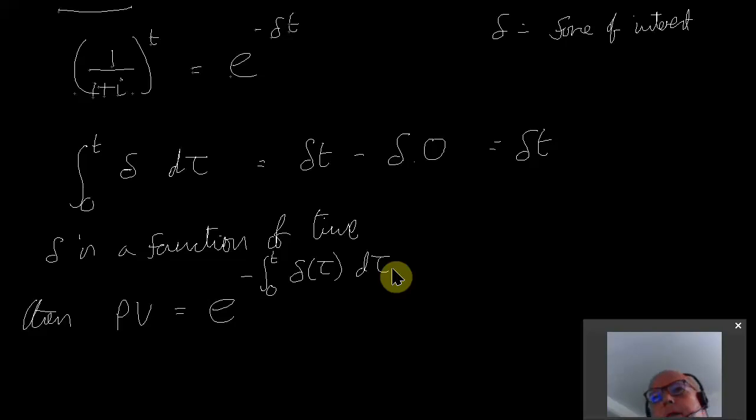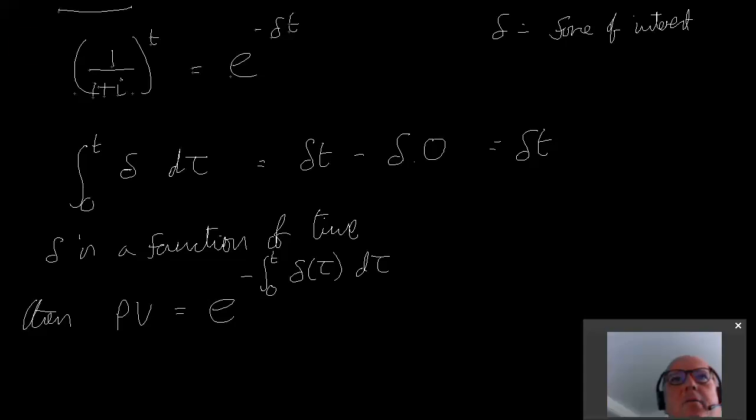Now the thing about this is we often can't integrate that very well anyway, but supposing we've got something fairly simple, supposing the force of interest is 4% and it's going down to 2% at a constant rate over the next, say, well, suppose it's going down from 5% to 3% over the next 2 years.